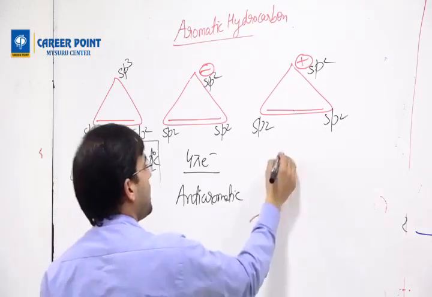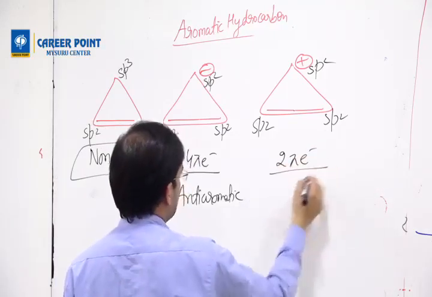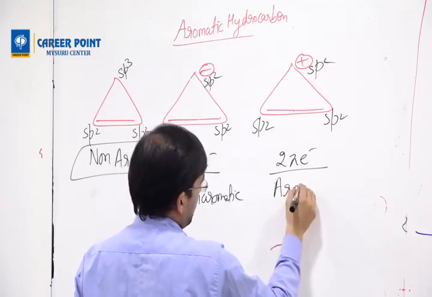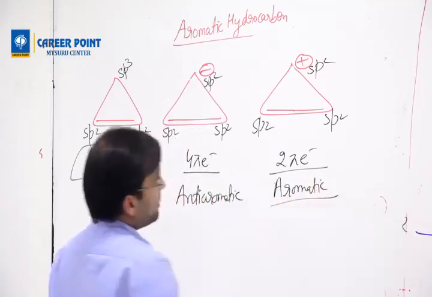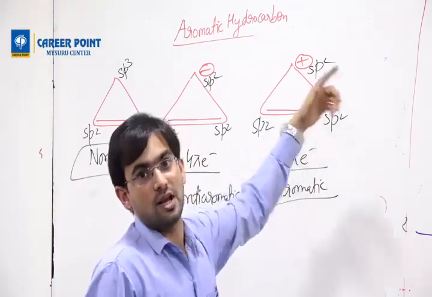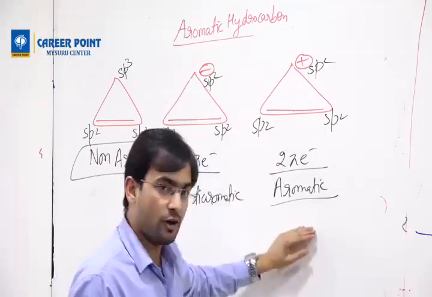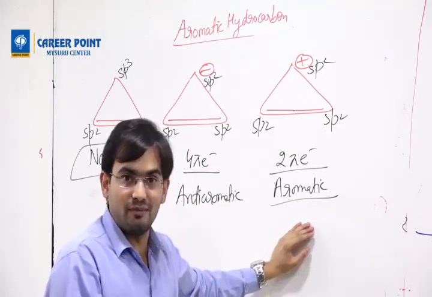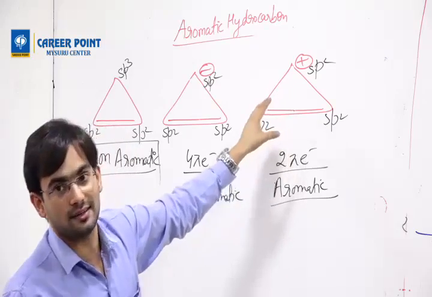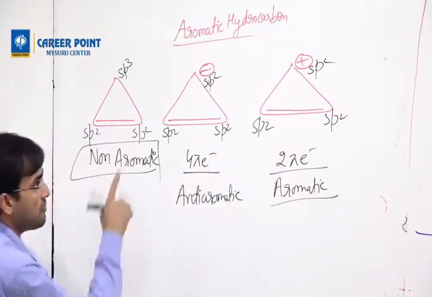So total electrons are 2 pi electrons, and 2 is aromatic. So the compound here is aromatic, but it is not a compound, it is an ion because it has a positive charge. It's a cation. That's why I say there are aromatic species with fewer than 6 carbons, but they are not compounds. Understood? That's why we don't memorize this.